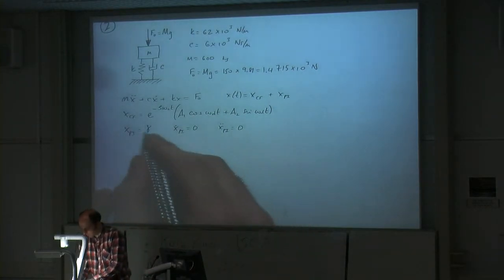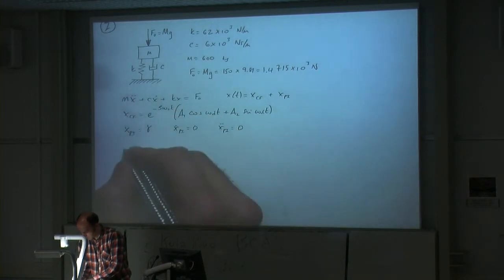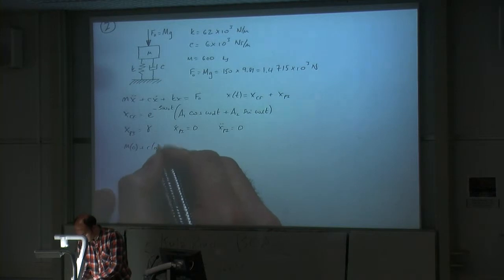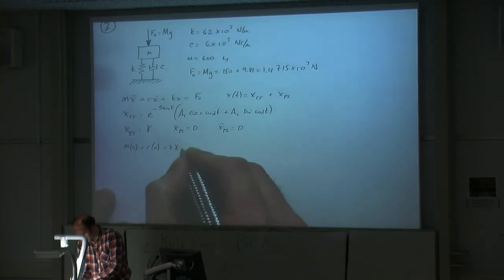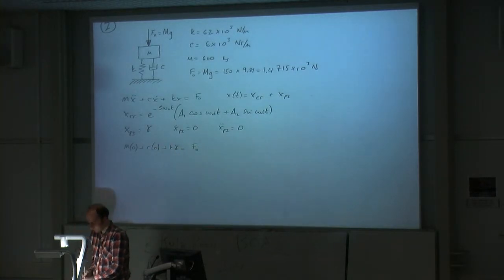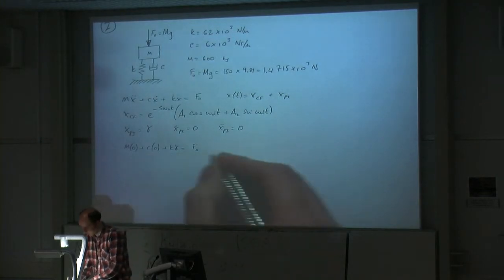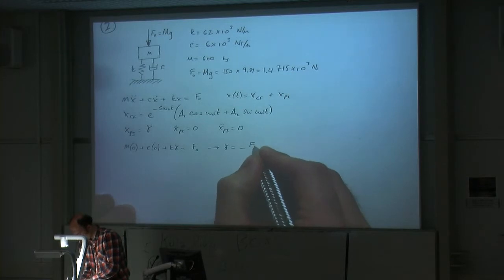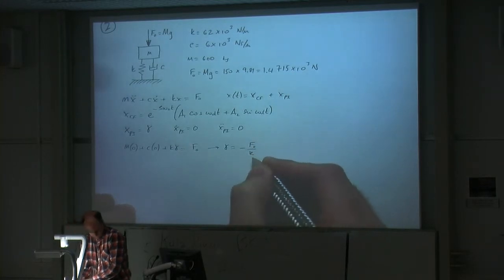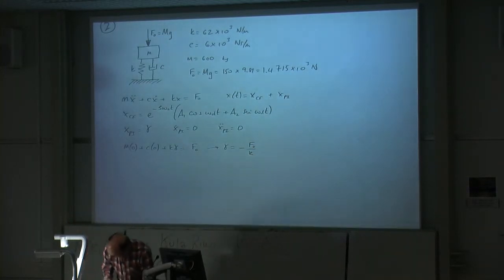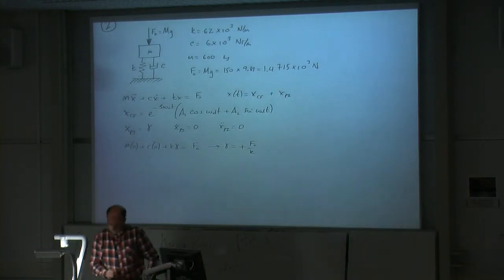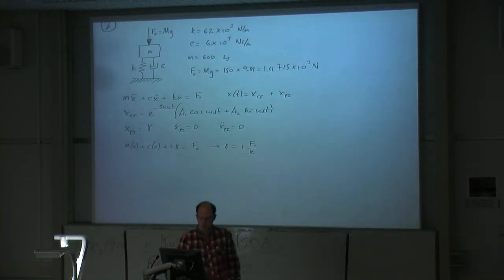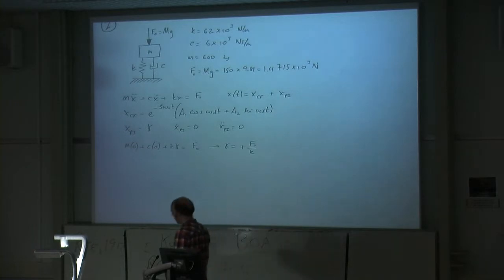We plug these values back into this equation: M times 0 plus C times 0 plus K gamma equals F naught. Divide both sides of the equation by K and you get gamma equals F naught upon K.